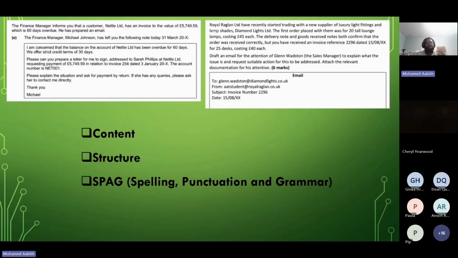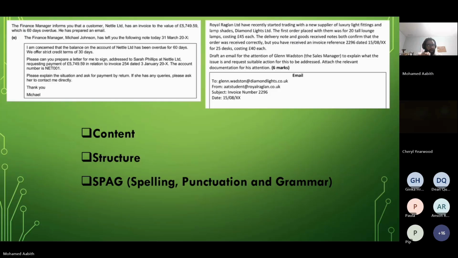So when I'm sending a letter rather than an email, there are key differences. When you're doing the letter, you're sending to the person called Sarah Phillips. You need to say why you're sending that letter. So you put a reference, for example reference payment request, reference an invoice number, and say this is what it is.